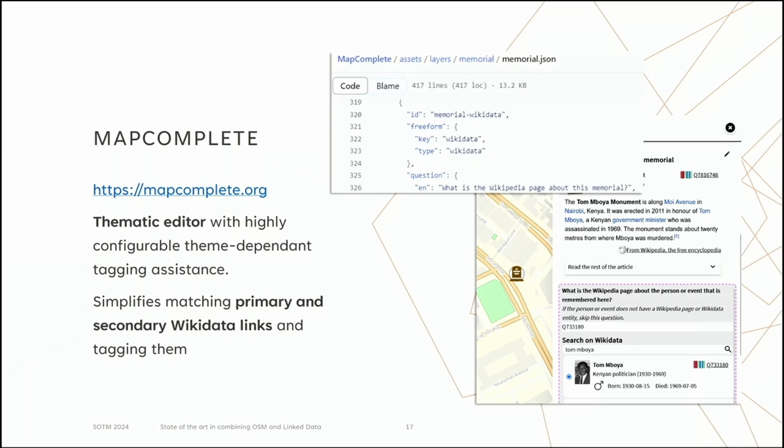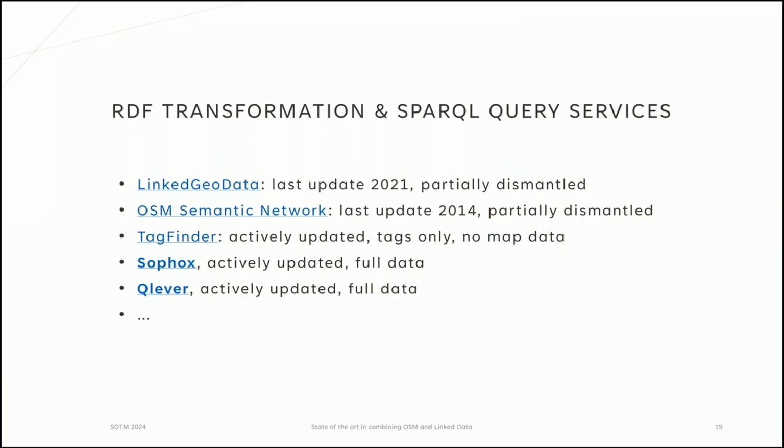MapComplete I have already mentioned in one of the last slides. It allows you to search the Wikidata item by text and automatically inserts the QID inside the value of the tag.